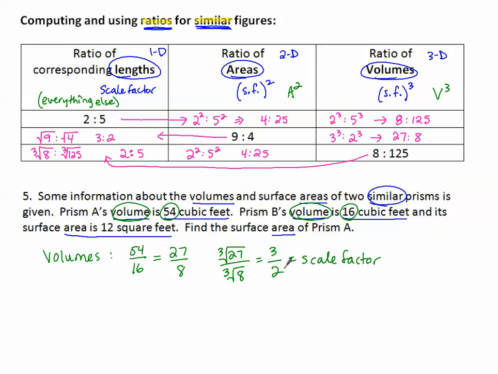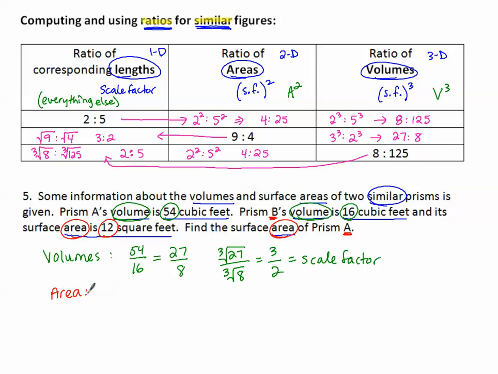Now, since they wanted area, the area of prism B is 12. The area of prism A, we don't know. So let's go to the area ratio.